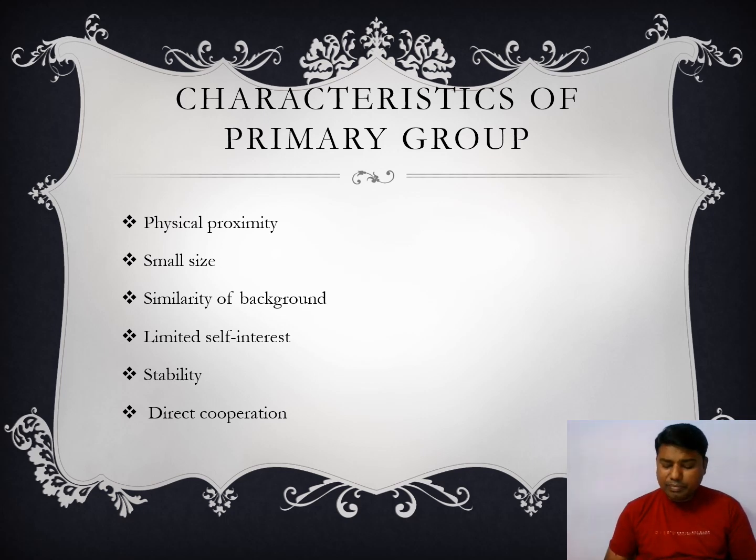They do not act independently, rather, they work together for the fulfillment of their common interest, and they participate in the same process. Of course, there may be a division of labor in a primary group, but yet the members work together, they act together.